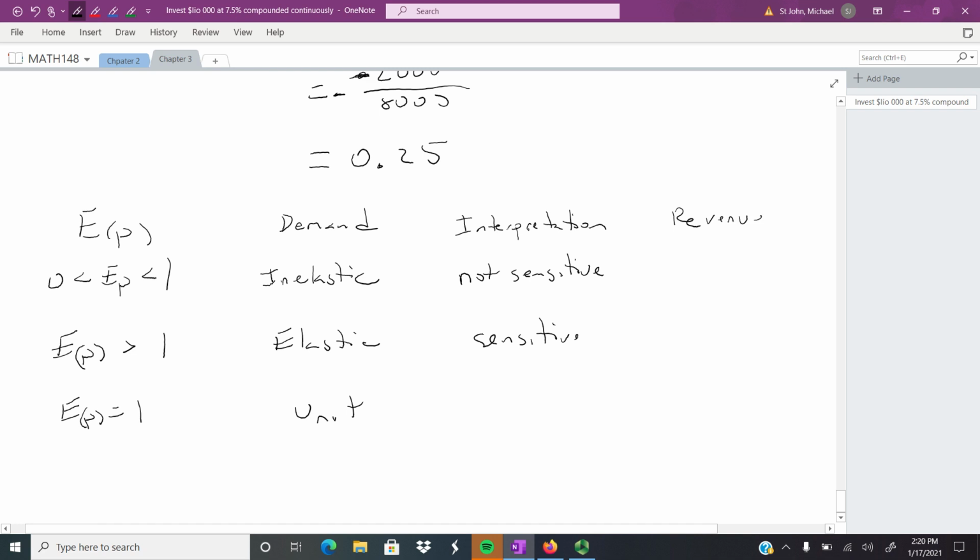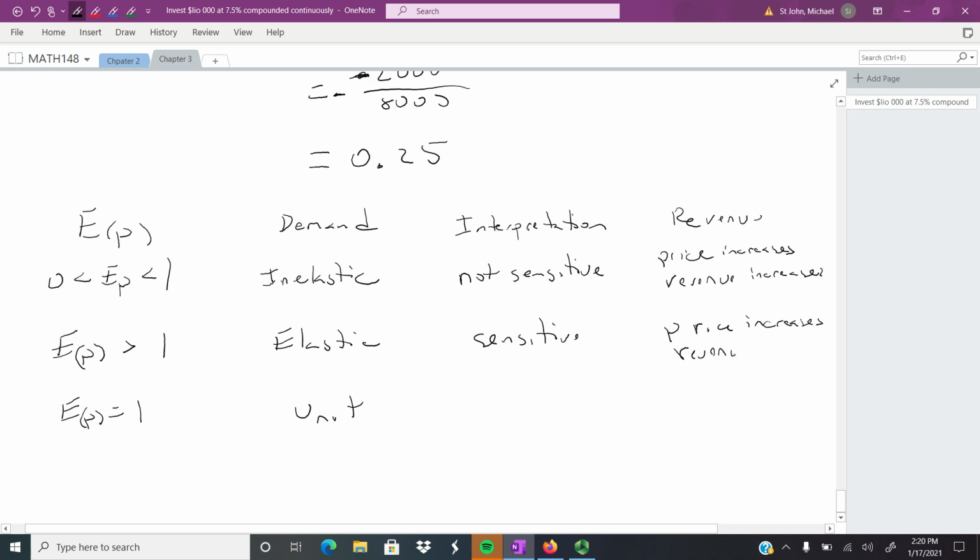Well, this tells us that if the price increases, revenue increases. Here, if price increases, then revenue is going to decrease.